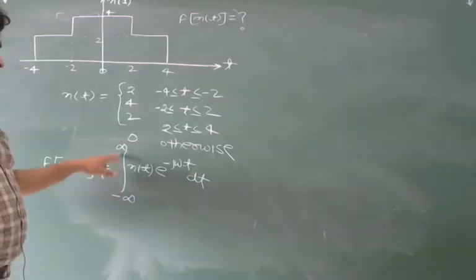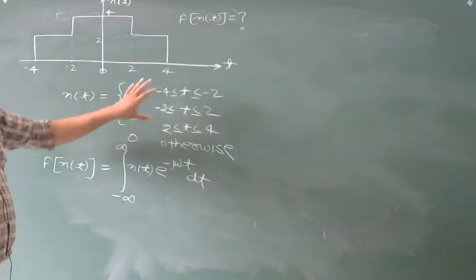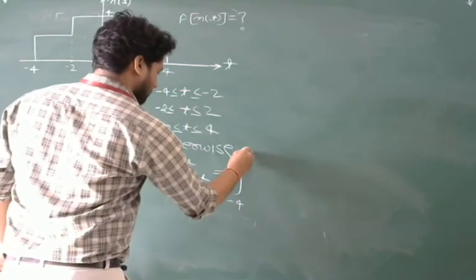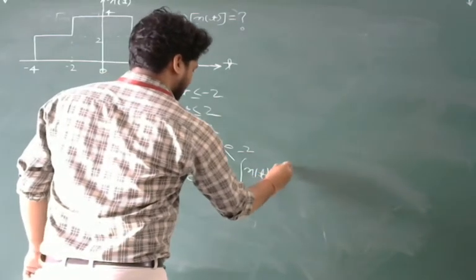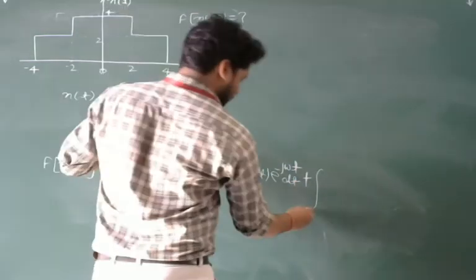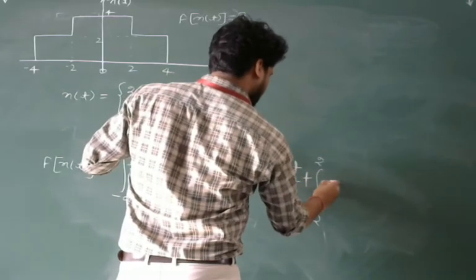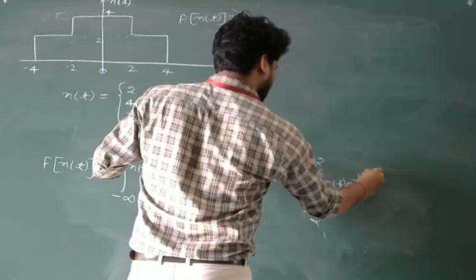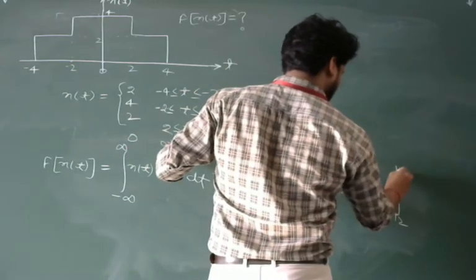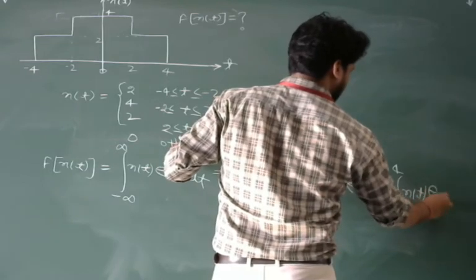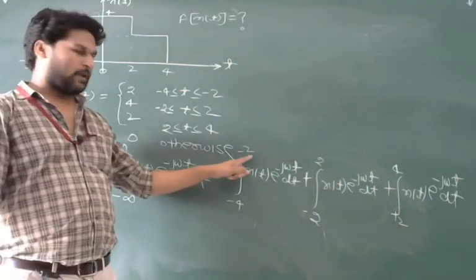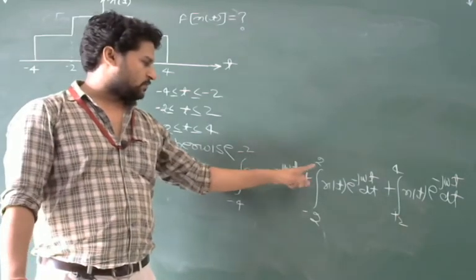We can break this limit into these ranges: integration from -4 to -2, x(t) e power minus j omega t dt, plus limit from -2 to +2, x(t) e power minus j omega t dt, plus limit from 2 to 4, x(t) into e power minus j omega t dt.